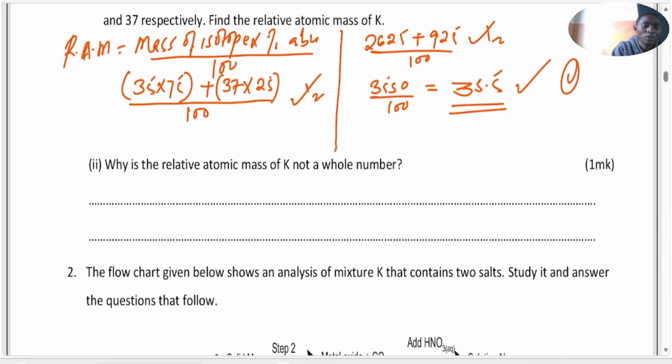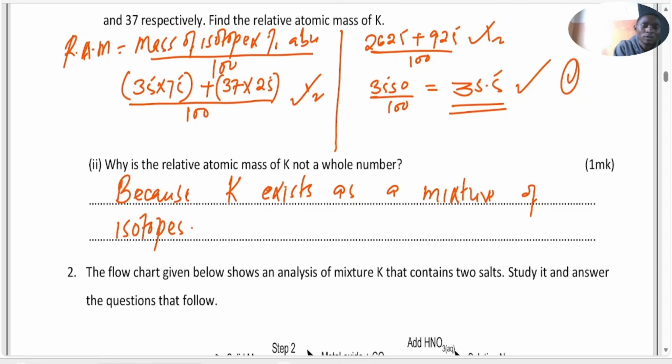So it's because K exists as a mixture of isotopes, and that shall give you 1 mark.